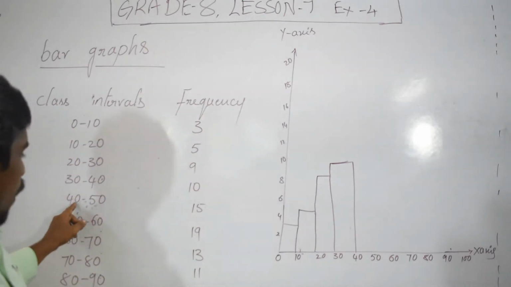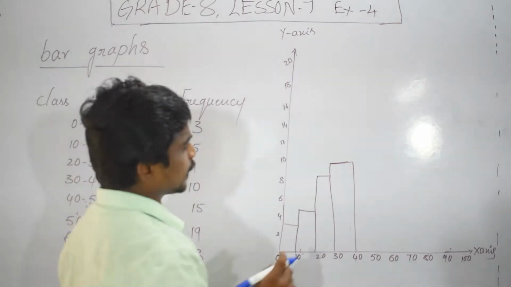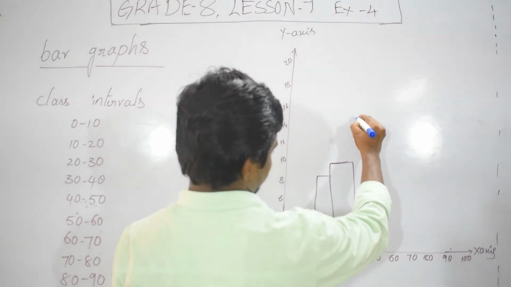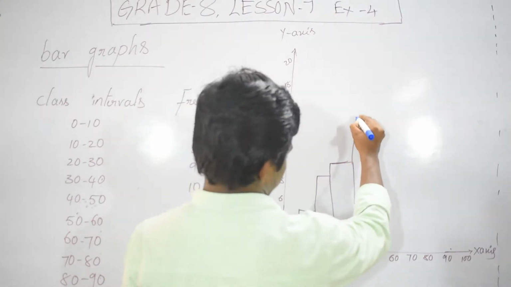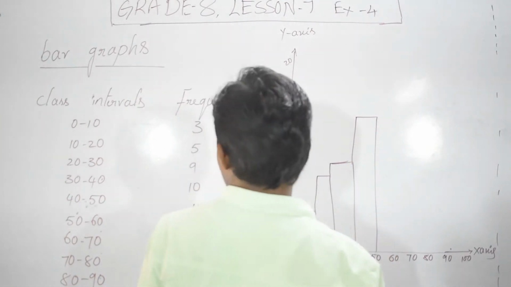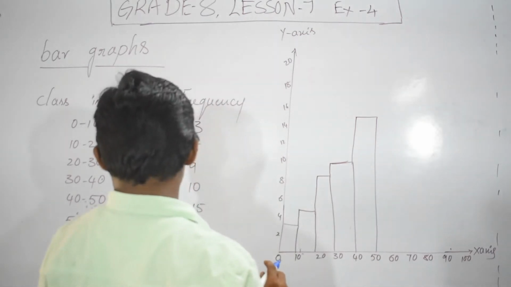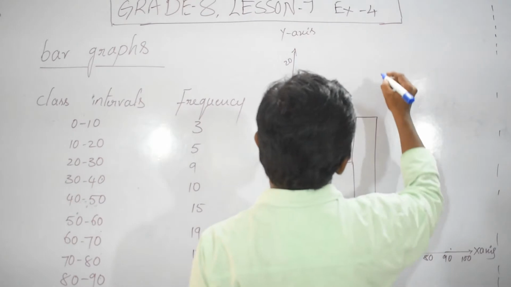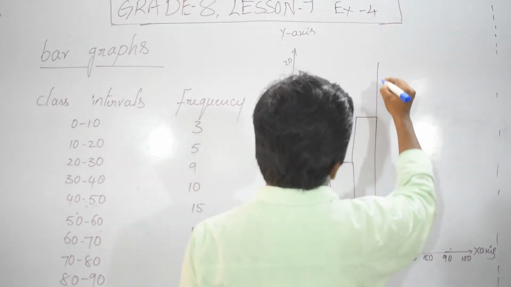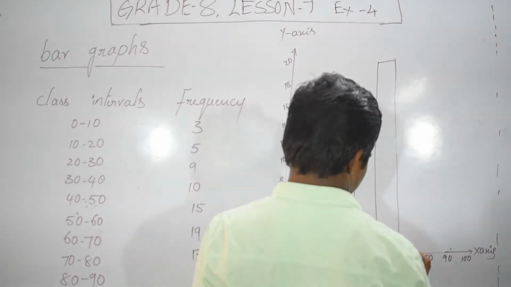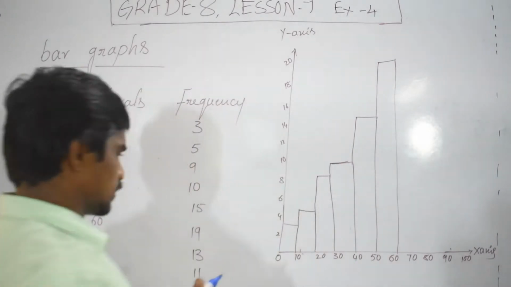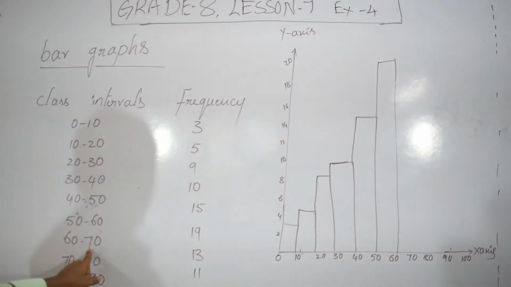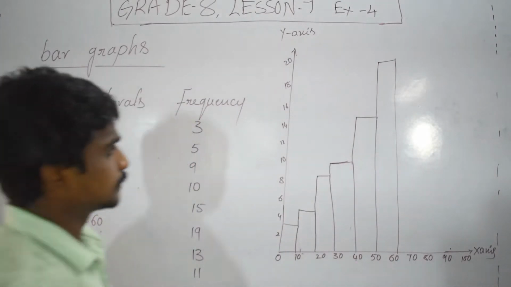Next 40 to 50, 15 here. Next 50 to 60, 19. Next 60 to 70, 13.